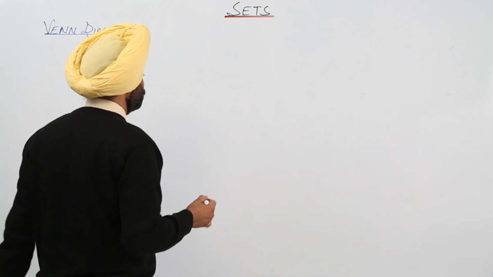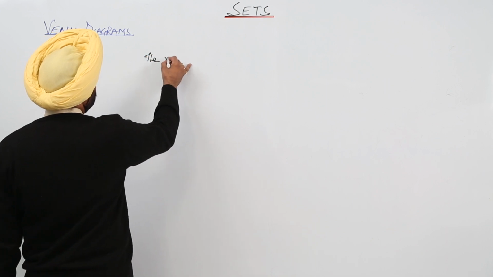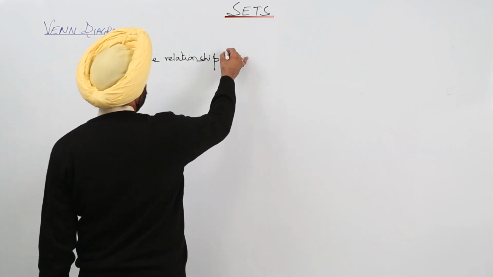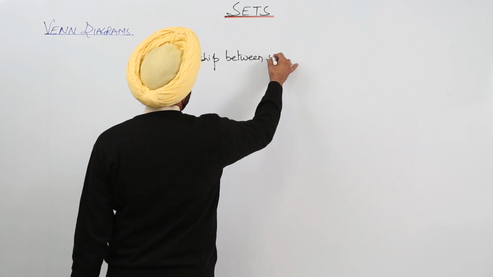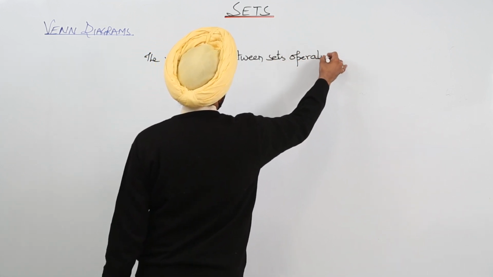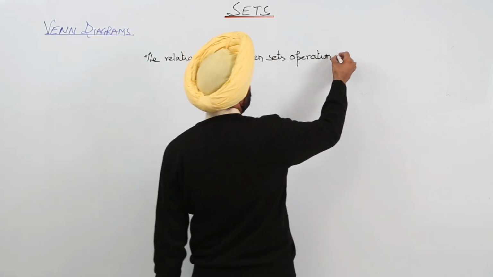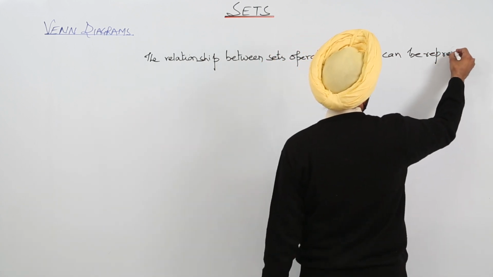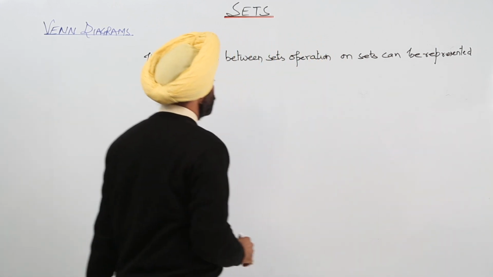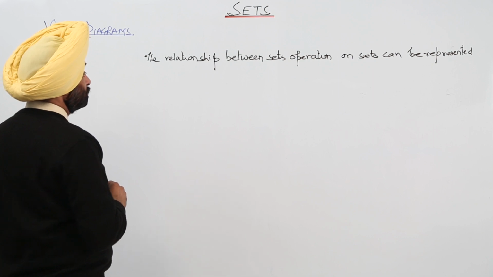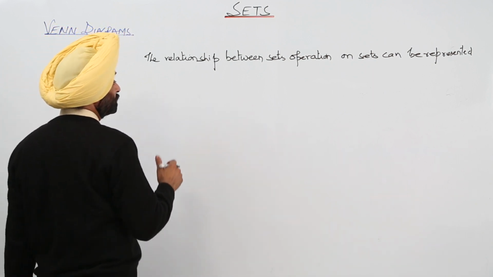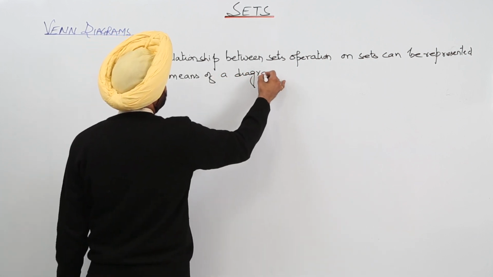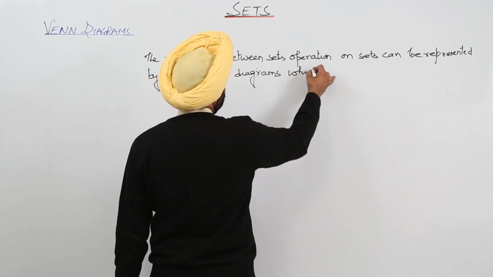So let's move to the definition part first. The relationship between sets, operations on sets, can be represented by means of diagrams, which are called Venn diagrams.